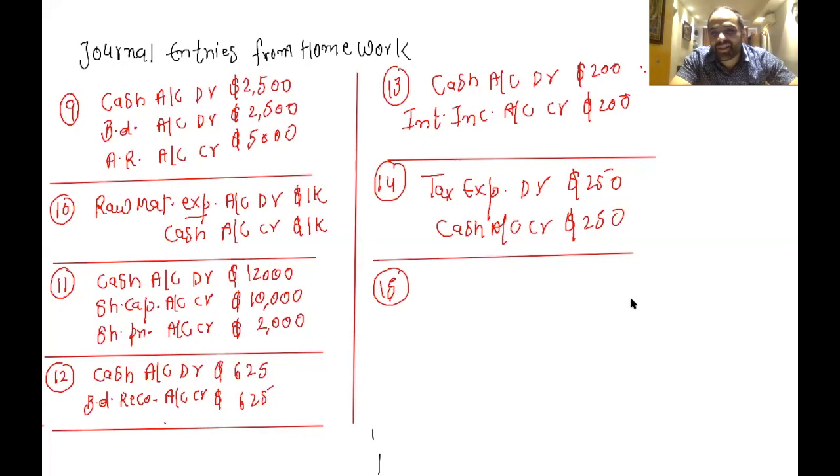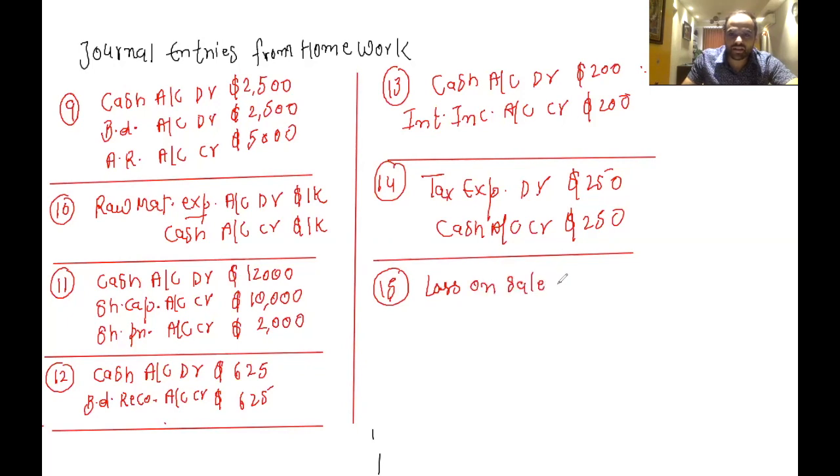Just say loss on sale of equipment debit. What does item mean? Equipment. Yes, equipment credit. That's right.